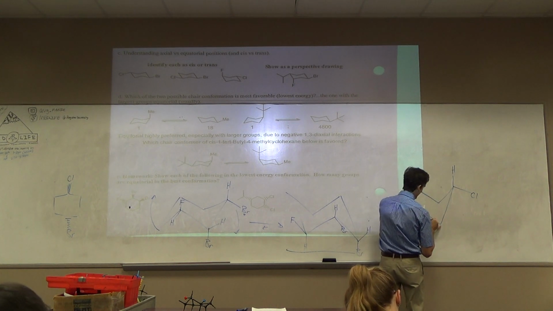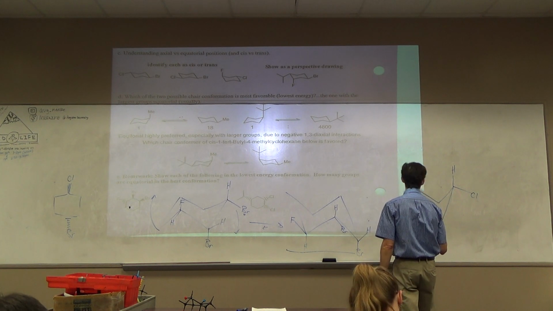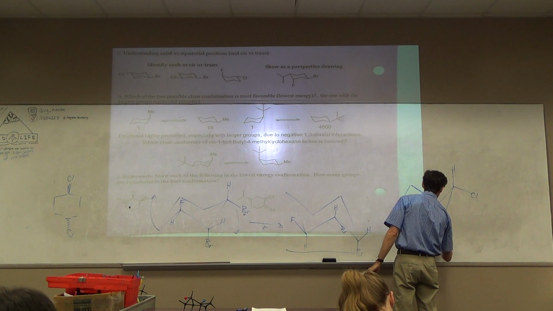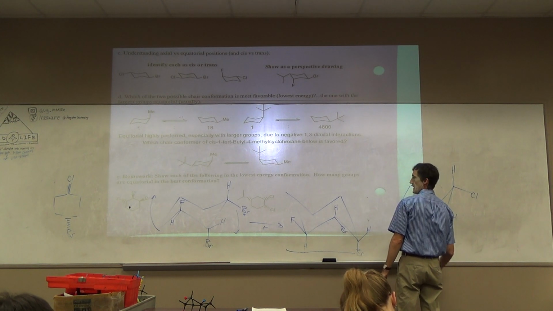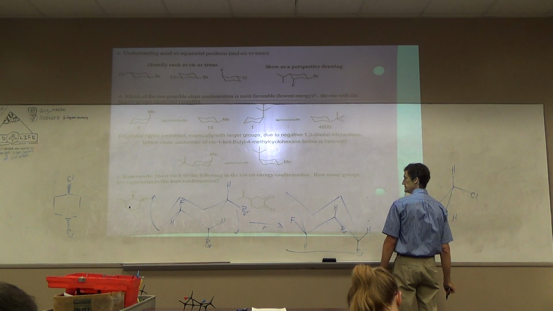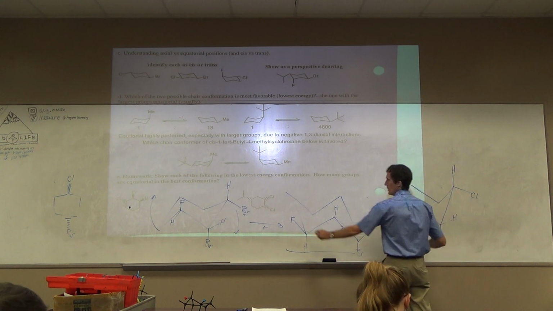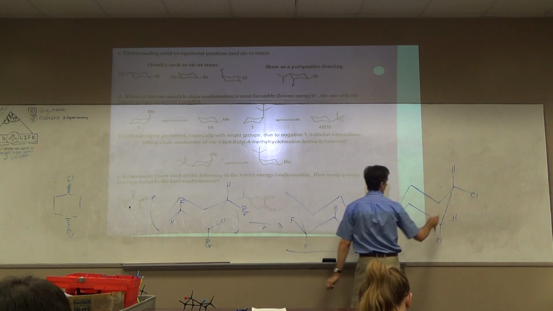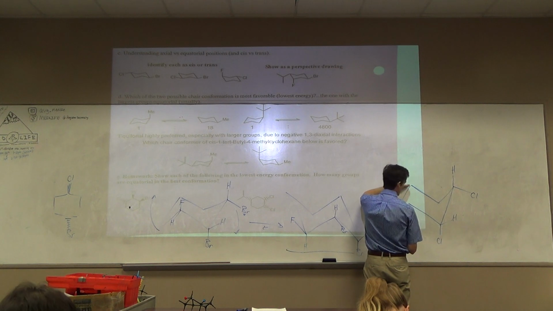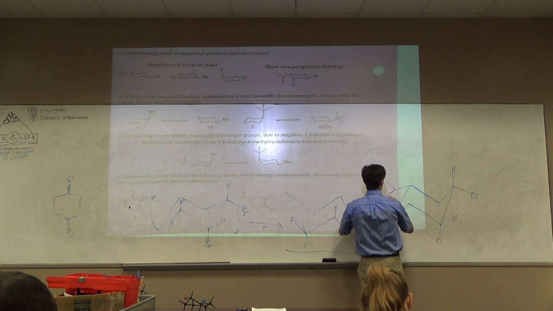And this way, the second chlorine is cis, so that's going to be axial. The isopropyl is 1, 2, 3, 4, 5. The isopropyl is also going to be down compared to the H.